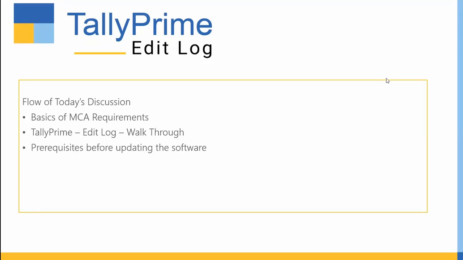We will also discuss certain prerequisites. Although the accounting year has already started and some of you might have already updated this software, there are certain prerequisites, as with any software, that you must follow before we proceed.